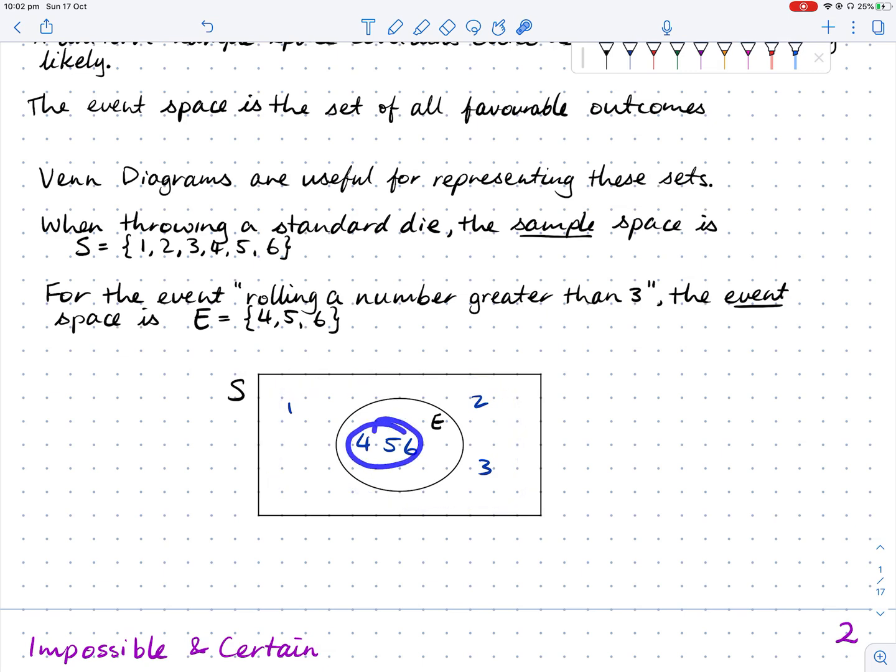So if I've got 4, 5, and 6 on the inside, then 1, 2, and 3 are going to be on the outside. So that's a way that we can write it out. So if I wanted to work out the probability of getting the event, then that would be 3 items out of the total of 6 items.